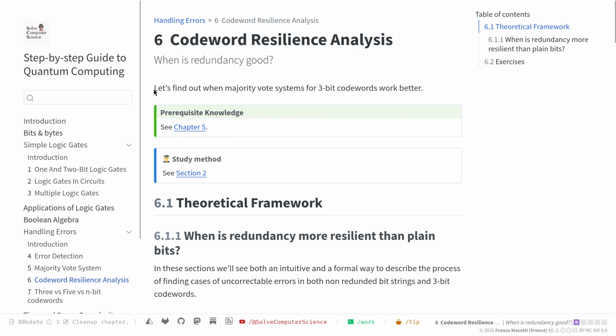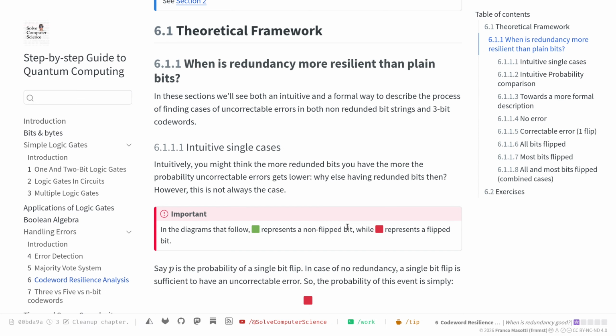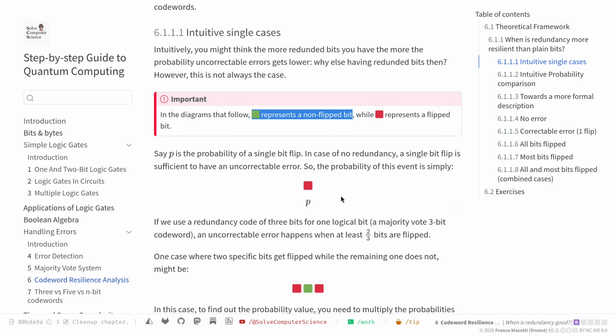So as it's written here, let's find out when the majority vote system for 3-bit code words works better, okay? Let's use this key here. The green squares represent non-flipped bits, while the red ones represent flipped bits, okay? When you have no redundancy, it means you just have one physical bit for each logical bit.